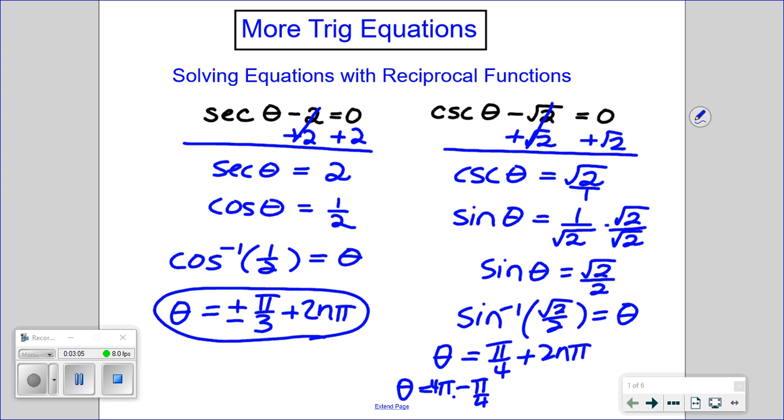And then find a common denominator. 4 pi minus 1 pi gives us 3 pi over 4 plus 2n pi. Okay, so these would be all the solutions. So that's really all you have to do when you're solving for reciprocal functions. After you isolate the trig function, you just change it to sine, cosine, or tangent and set it equal to the reciprocal.